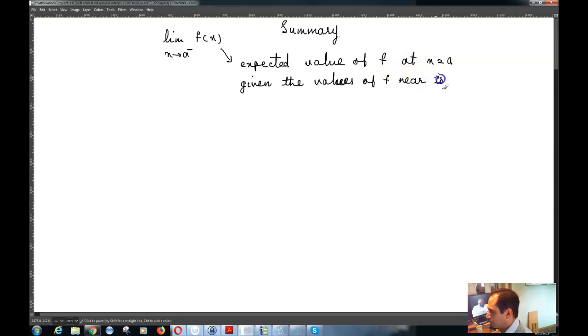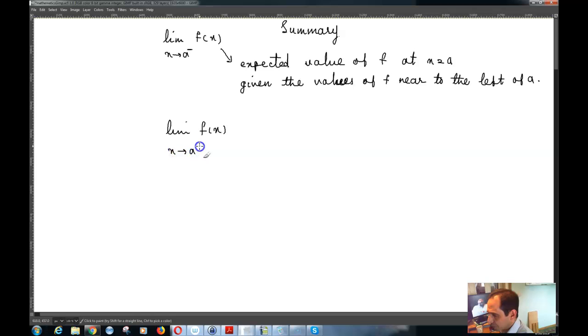Near x to the left of a means that, for example, if x is equal to a is, for example, x is equal to 4, that means near 4, to the left of 4. That's what is meant by this sentence over here.